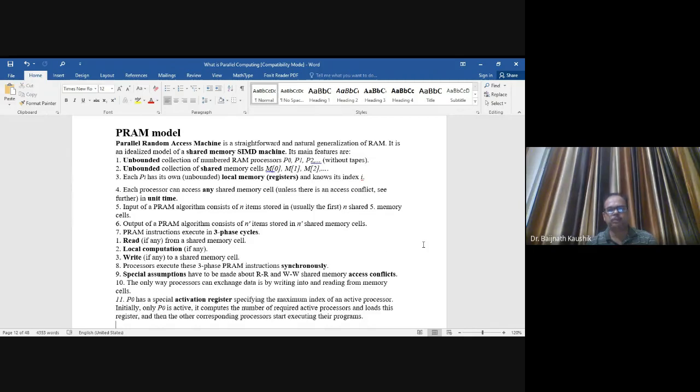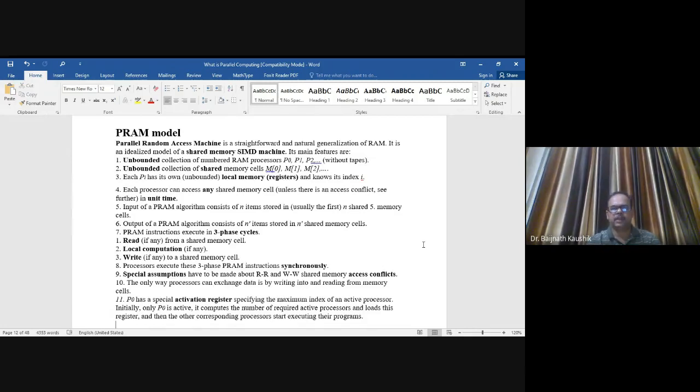The output produced by a PRAM algorithm consists of n dash items, and these items are stored consecutively after the input data, and it is denoted by n dash. So n dash is for output and n for input.